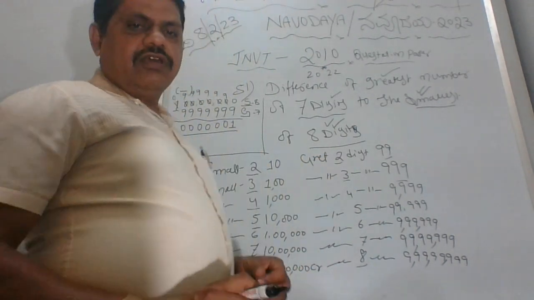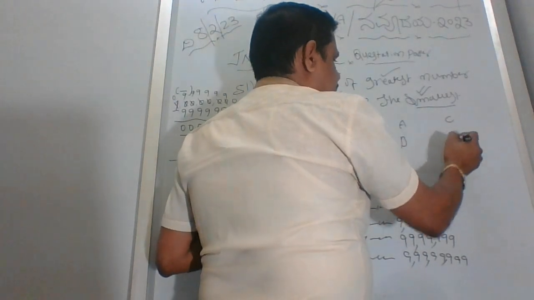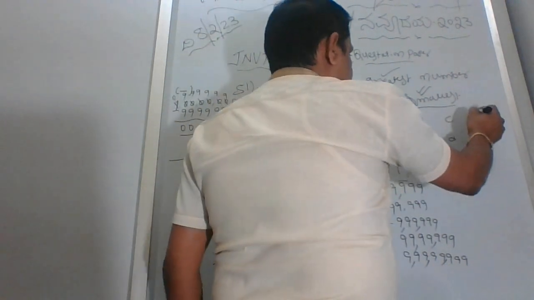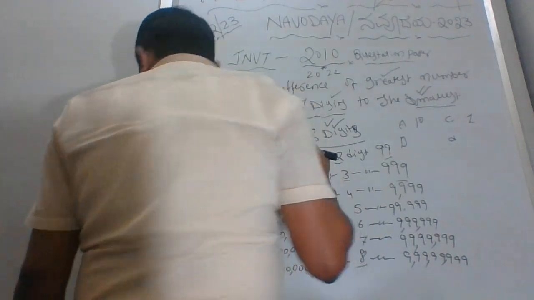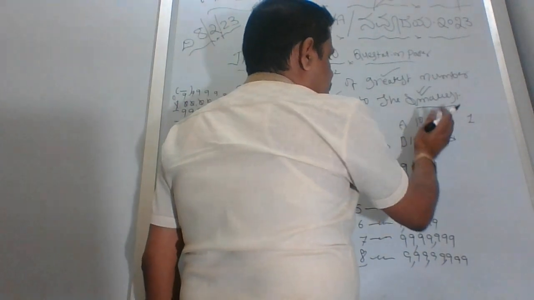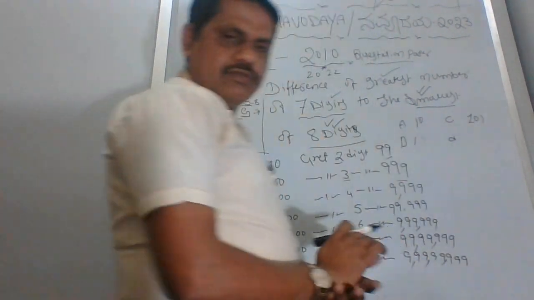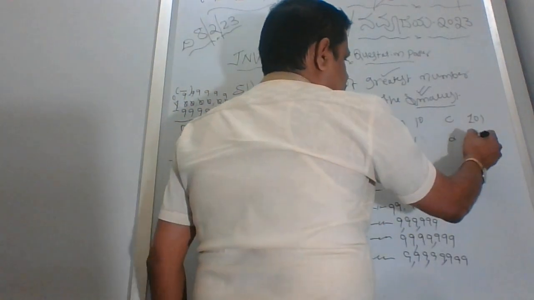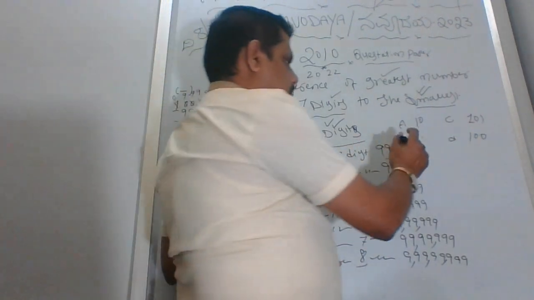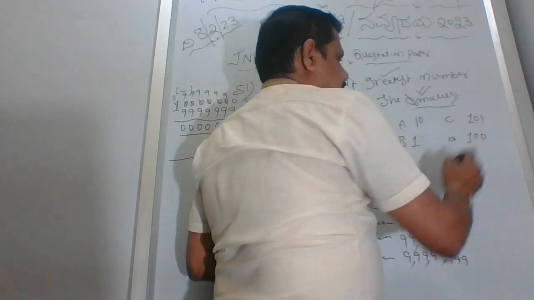Okay, for this question the options will be like this: options A, B, C and D. Option A is 10, option B is 1, C is 101, D is 100.